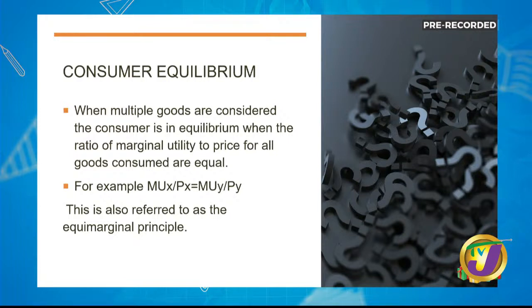So the marginal utility of good X divided by the price of good X should be equal to the marginal utility of good Y divided by the price of good Y.